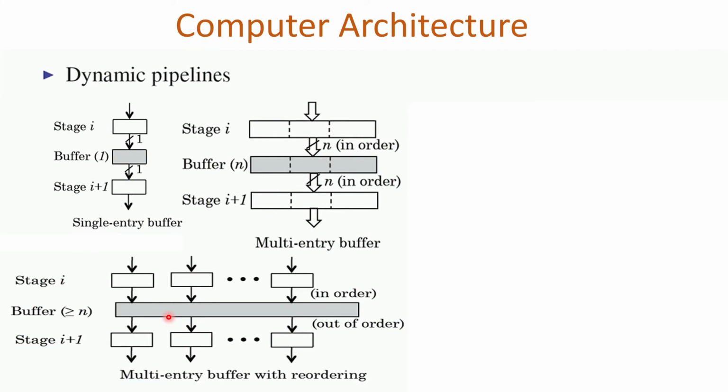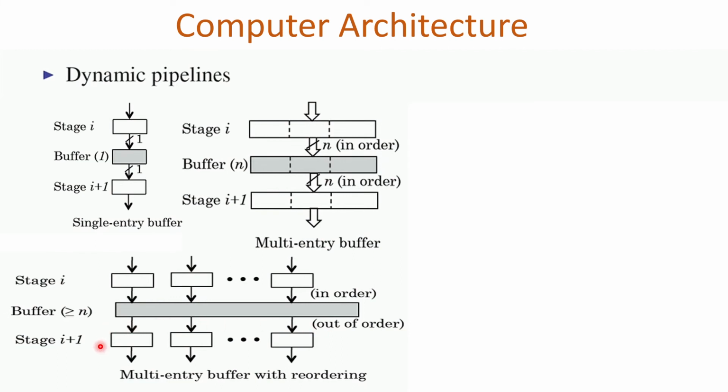Those independent instructions will be executed first, without depending on the execution of the other instructions. So naturally, if we consider the order of execution, the order of execution of the instructions in the previous stage was in a particular order, but the order of execution in the next stage will become out of order.